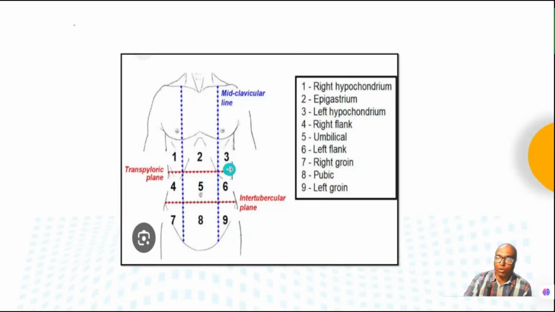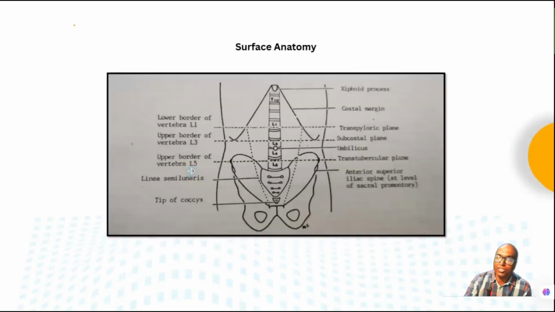Okay, why subcostal? Because for the transpyloric plane, clinically we will not be able to know where it lies. As we will go into the subsequent lecture, you will come to know that the transpyloric plane is more important for the relations of the various organs which are lying internally. But when we talk about surface anatomy, generally we talk in terms of landmarks.